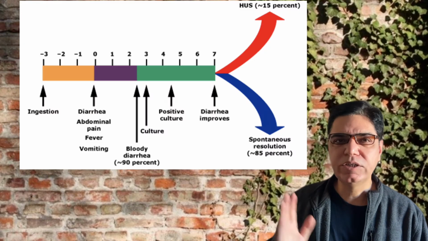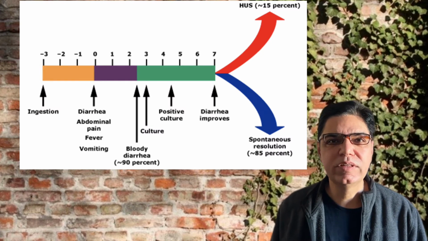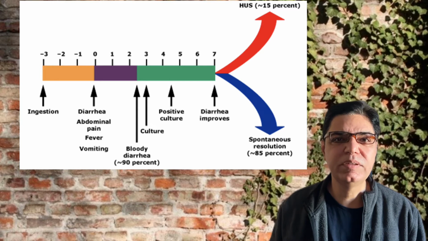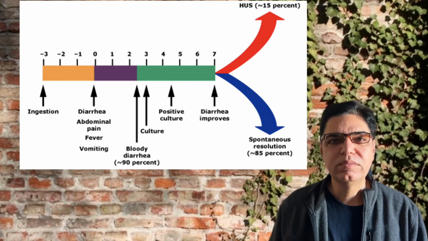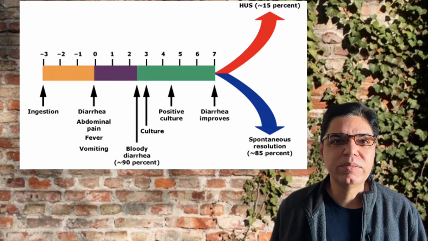Now coming down to the clinical presentation, you can see the chart behind me. So the classical prodrome illness of children with STEC hemolytic uremic syndrome is basically abdominal pain, nausea, vomiting, diarrhea, which can sometimes be accompanied with a fever as well. The diarrhea is usually non-bloody to begin with, but turns bloody within 1 to 3 days.